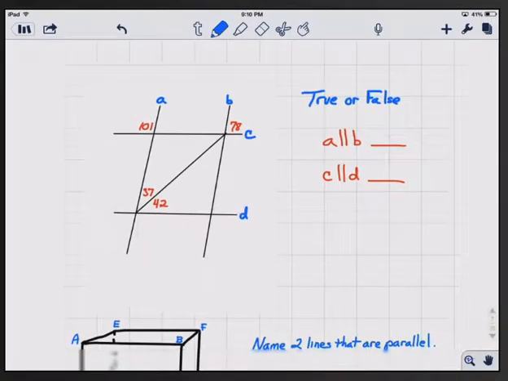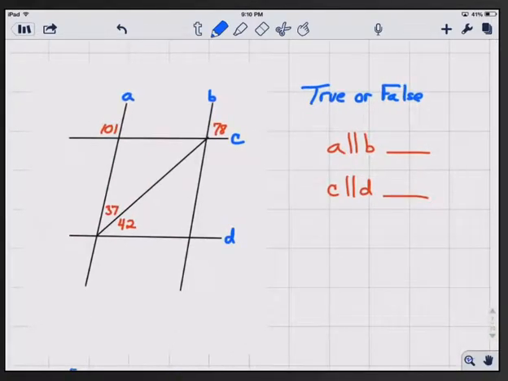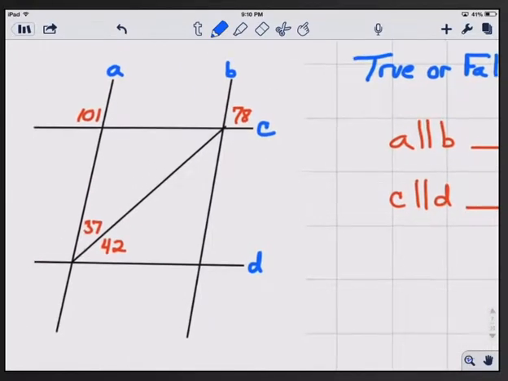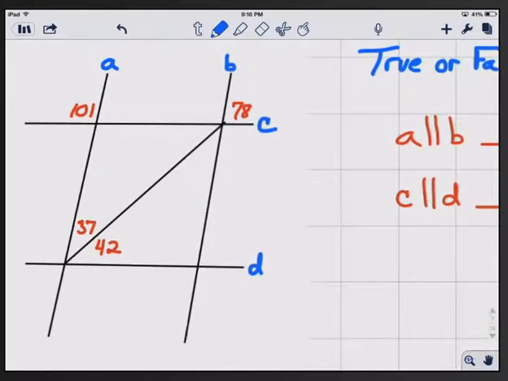Now we want to reverse what we were just doing. We want to figure out if lines are parallel. So you're going to look for corresponding angles that are congruent or not congruent, or you could look for alternate interior angles that are congruent or not congruent, and conclude whether or not the lines are parallel based on that. So I'm going to start right here and say these two angles add to equal 180, so if I subtract 78 from 180 I get 102.